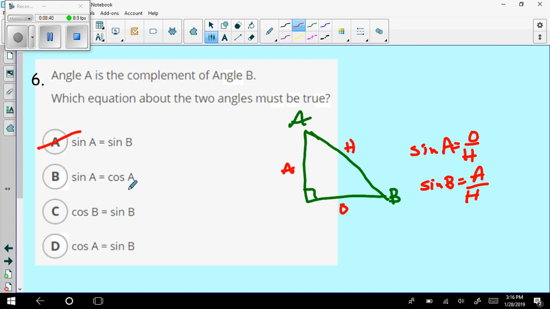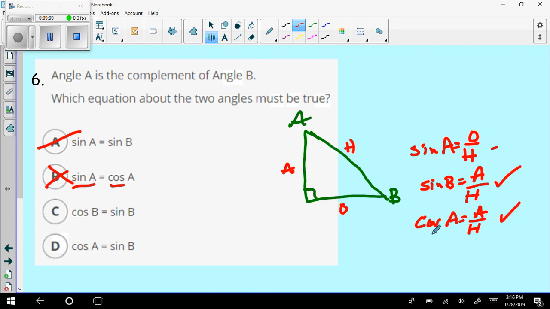Let's compare it to the cosine of A. Cosine A is adjacent over hypotenuse, so it's A over H. That does not match the sine of A, so this one doesn't work. Let's look at the cosine of A and the sine of B. Wait, the cosine of A, these two are the same.